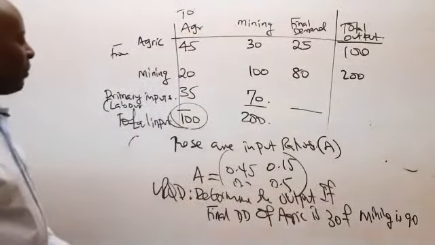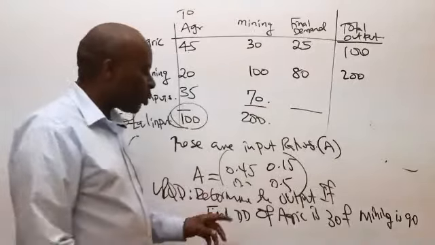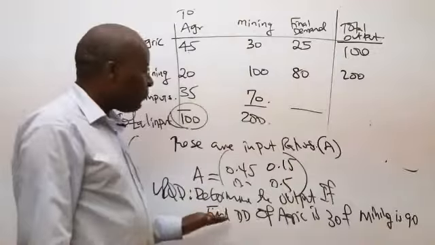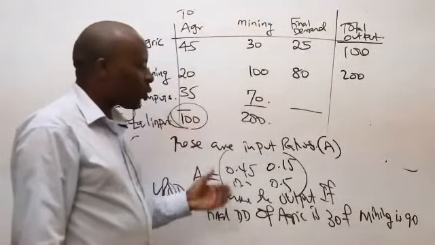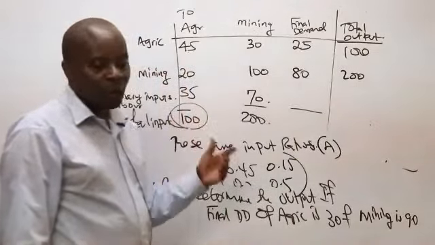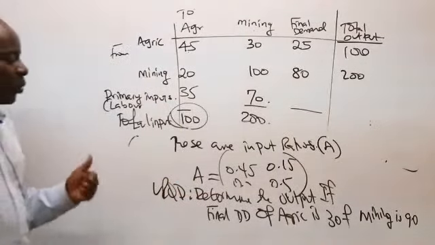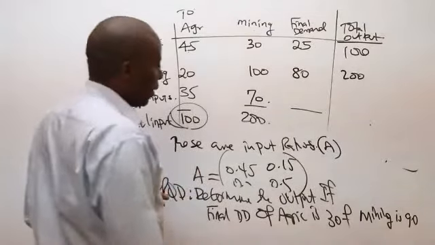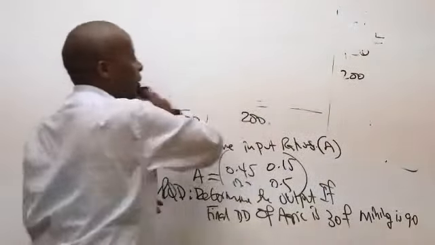So, ladies and gentlemen, remember, you'll get a situation in another requirement where the examiner tells you to determine the output if the final demand changes. You're told it changes to 30 and 90 for agriculture and mining respectively. What shall you do? That is very easy. This table now is useless.